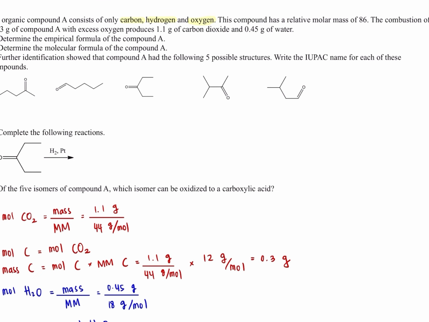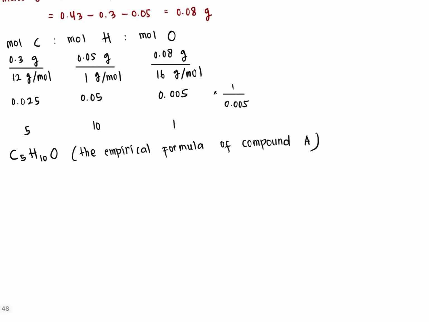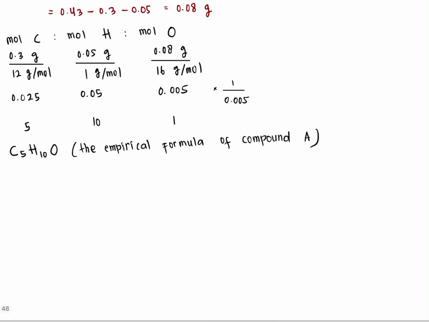In the question, we have the information that the molar mass is 86 gram per mole. So basically, we want to calculate the N value. The molar mass should be N multiplied by the empirical formula, and this should be 86 gram per mole.